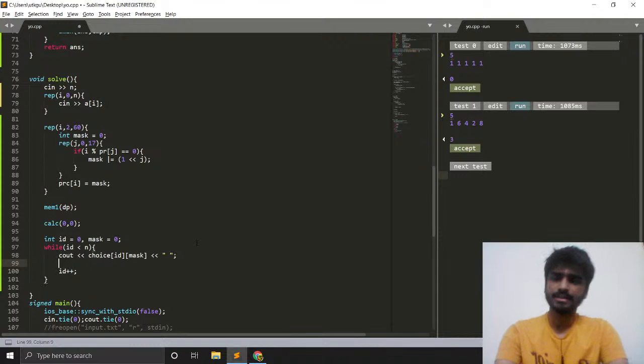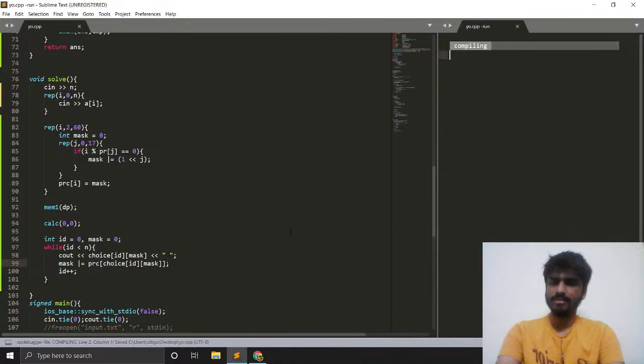After that, I will use the choice to update ID and mask. So ID will increase by 1 and the mask will get this recomputation of choice ID comma mask. I think this way should work.